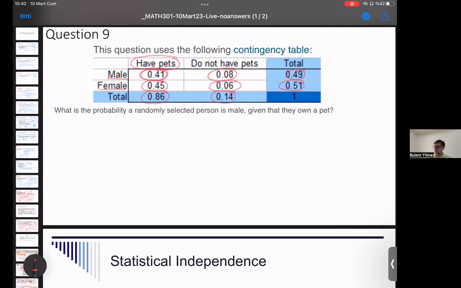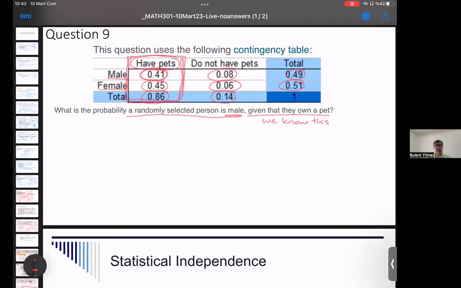What's the probability that a randomly selected person is male, given that they own a pet? We know this. We know that they own a pet. So we are in this group. We are here.